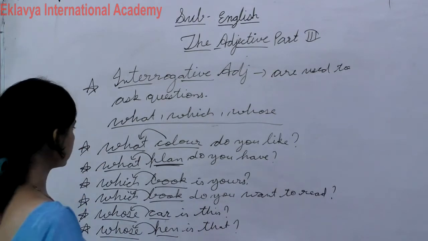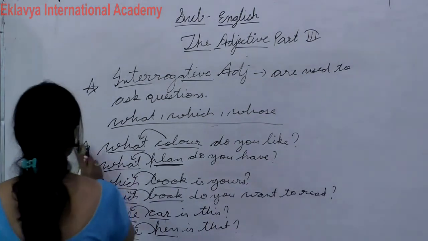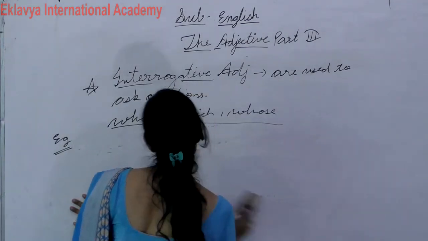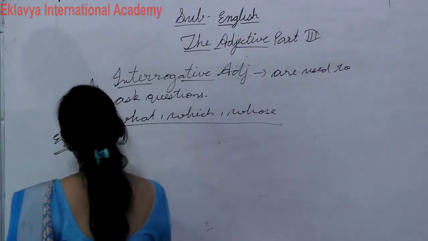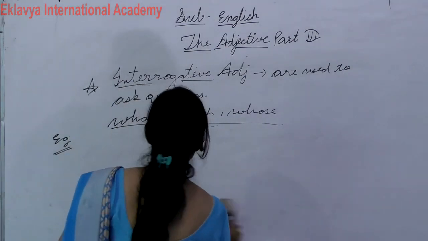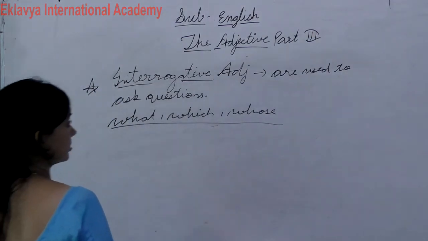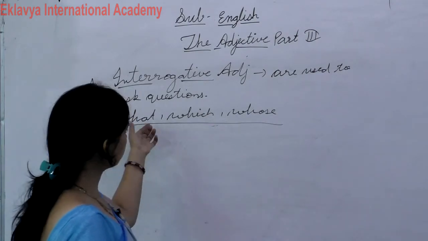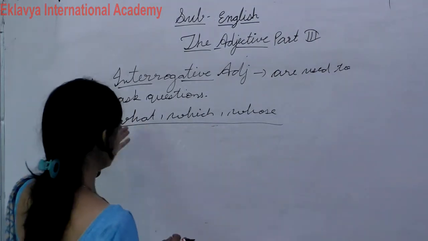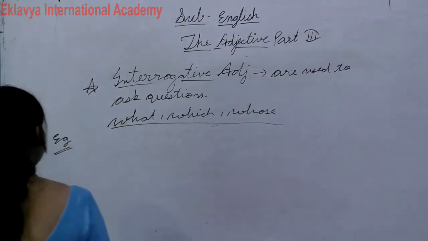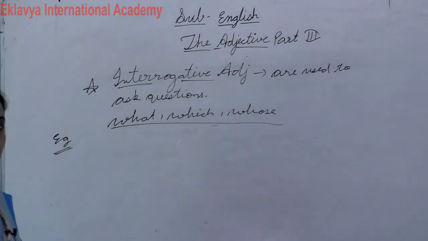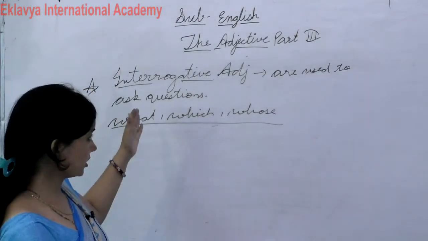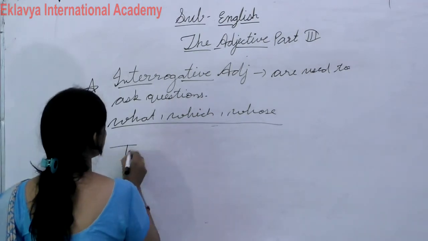So I hope you understood. Don't think that all WH words are interrogative adjectives, only these interrogative words are interrogative adjectives. Now, this and that are used for singular in demonstrative adjectives, I told you again.